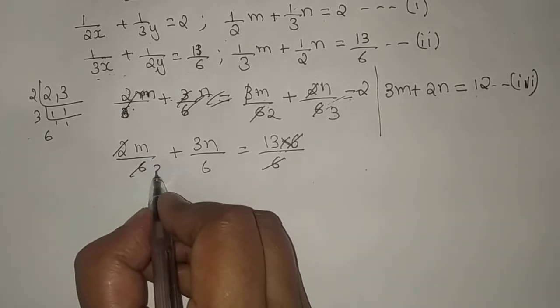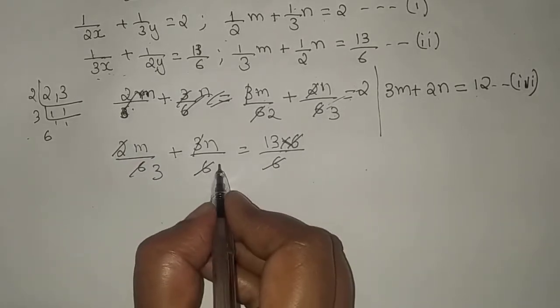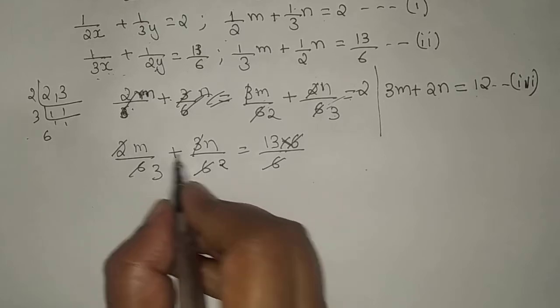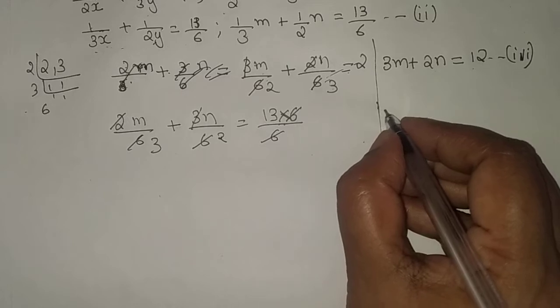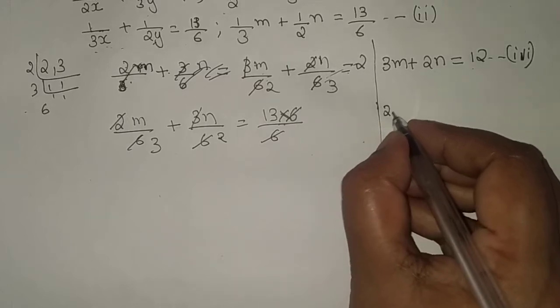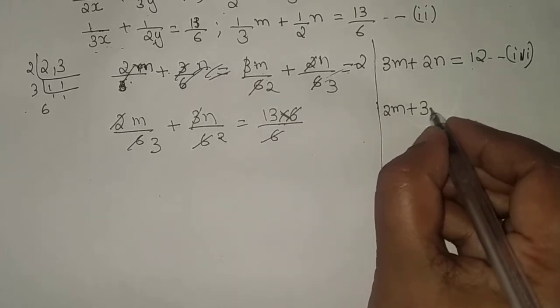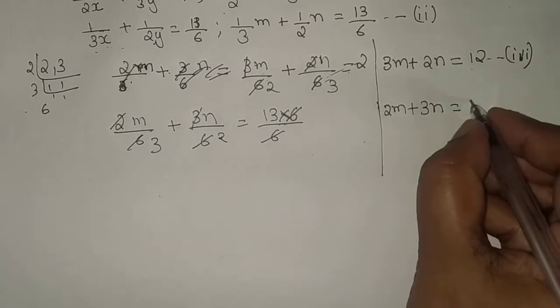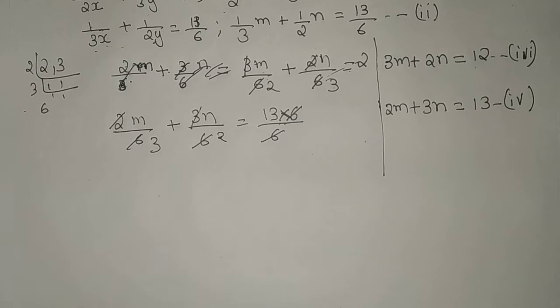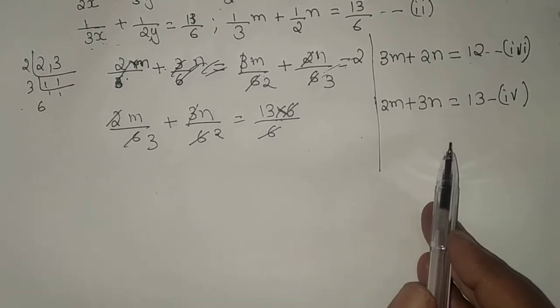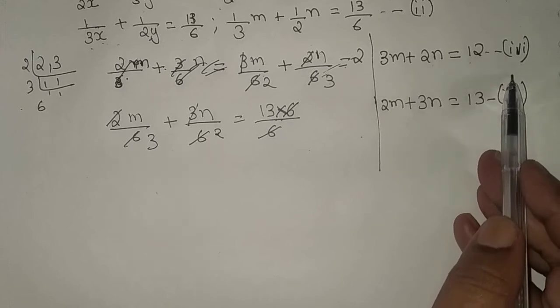Then cross multiply and we get 2m plus 3n is equal to 13, the fourth equation. So by substituting and simplifying, we got the third and fourth equations in this form.